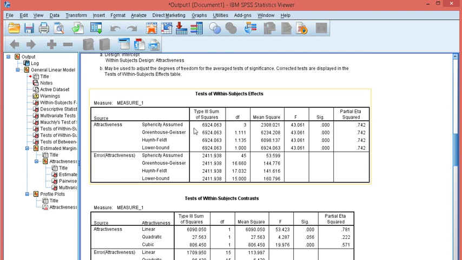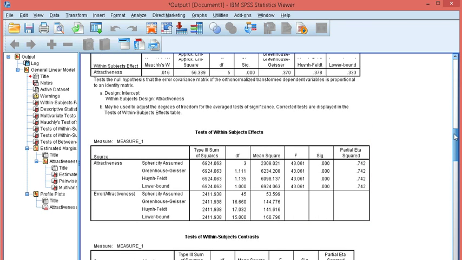So this is the result of the ANOVA, and these basically tell you the sources of effect, or what determines the social desirability ratings. So we have our factor, of course, attractiveness, and then we have the error factor.